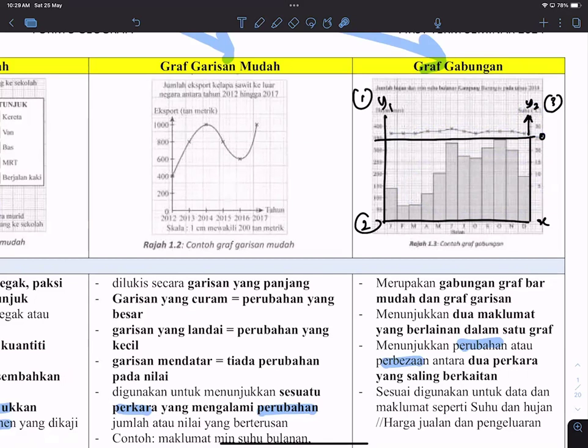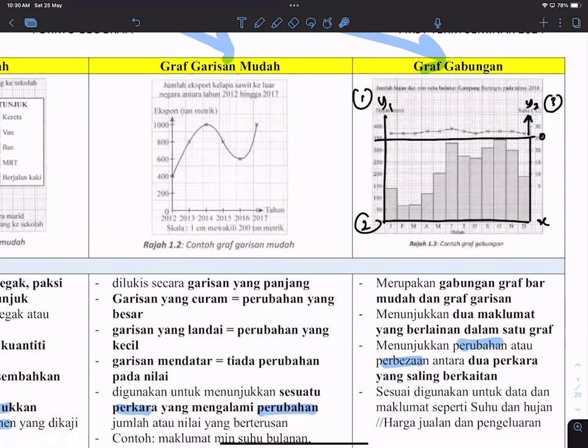Then we are not going to start list out the suhu from 25 to 30. We have to start from 0. Then the 0, the 5, the 10, 15, 20 Celsius, we can use the bottom part, since we know it's not going to touch the 0 to 25, right?